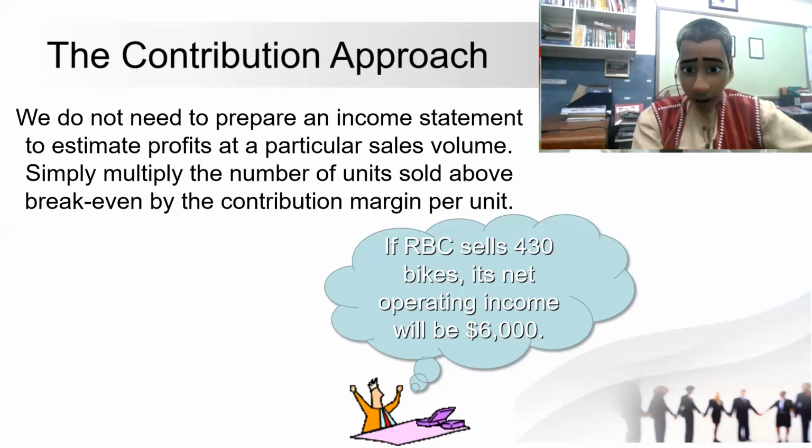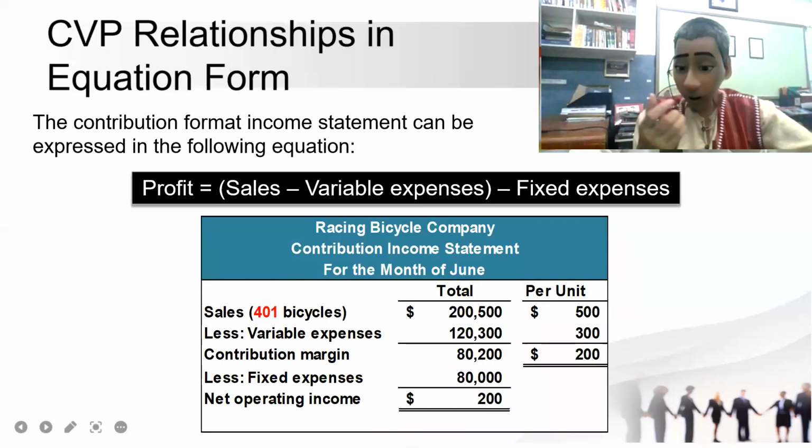That's why it is also important to be able to express contribution margin per unit, because it is easier to look at that per unit times the number of bicycles sold more than the break-even point.